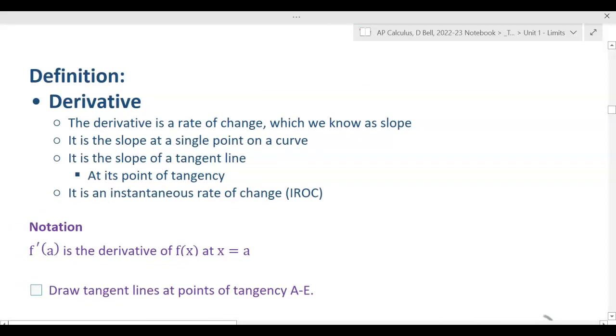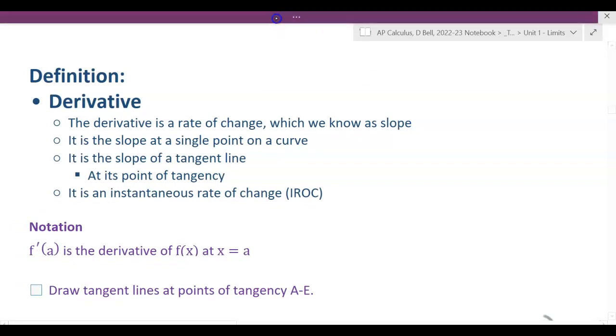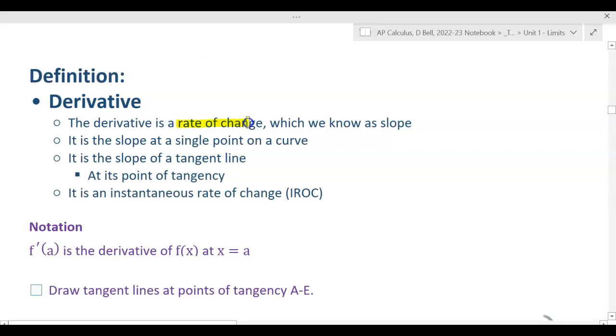So the derivative is a rate of change, which we know as slope, but it's the rate of change or the slope at a single point on a curve, not between 2 points, at a single point. So it's the slope of a tangent line. A tangent line goes through 1 point, and that point is called the point of tangency. So it's no longer an average rate of change, it's an instantaneous rate of change, right? It's the rate of change at 1 point, so at 1 instant.